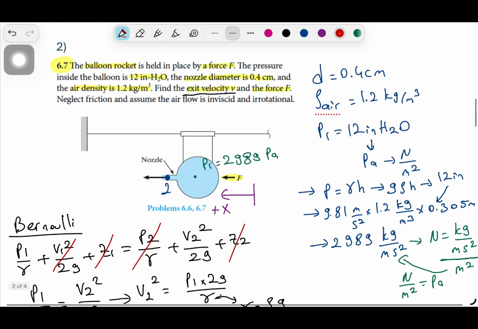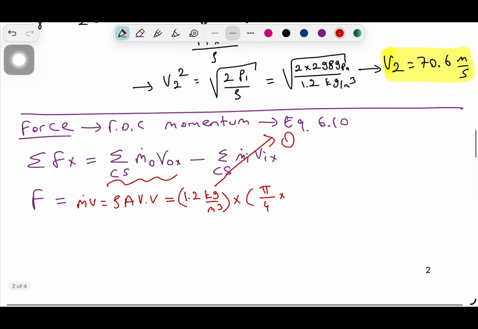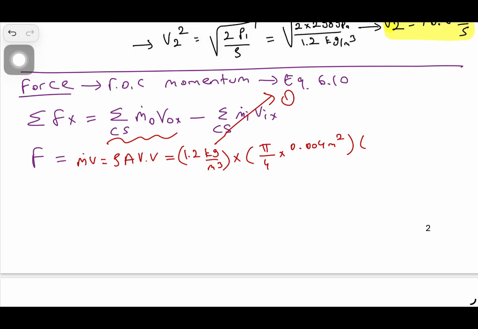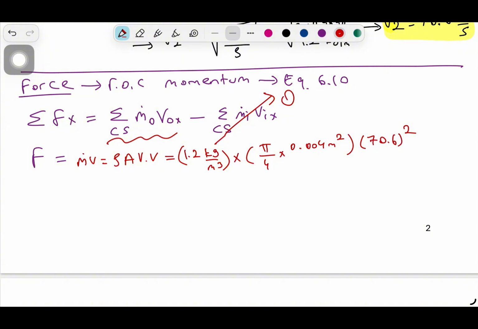It was 0.4 centimeters, so it will be 0.004 square meters times velocity. Actually, square of velocity, because now we have two terms. And this is giving the force as 0.0751 Newton.